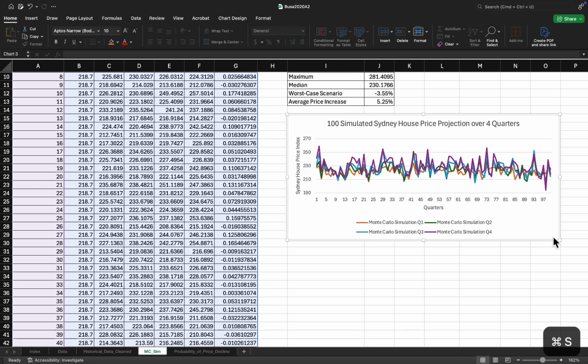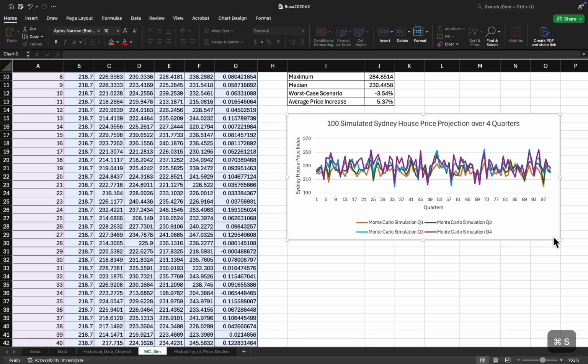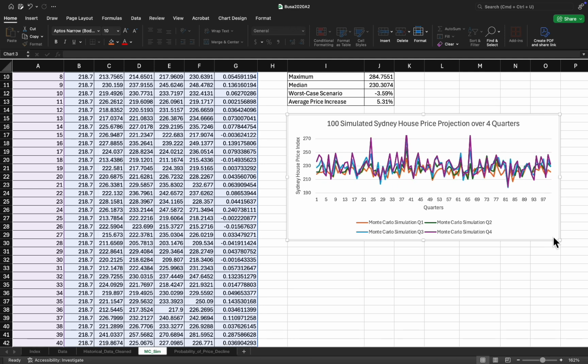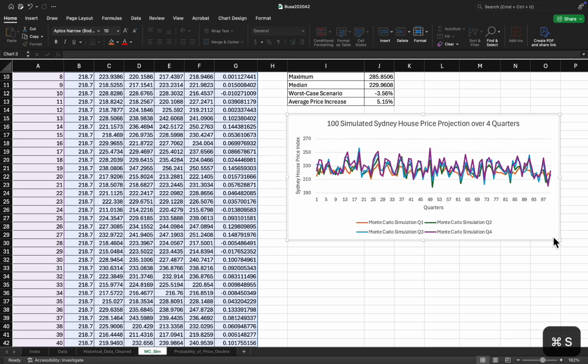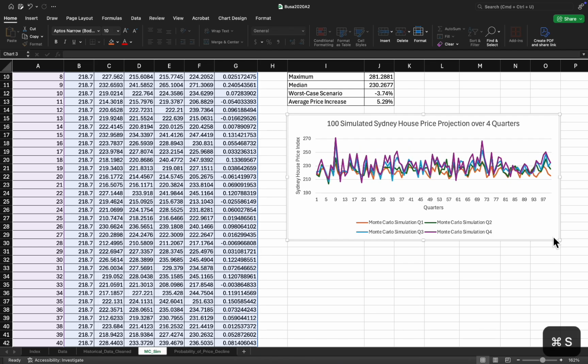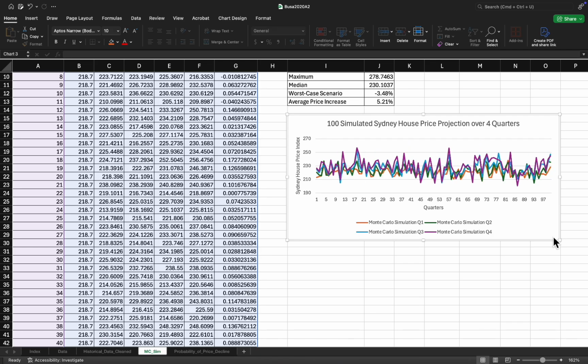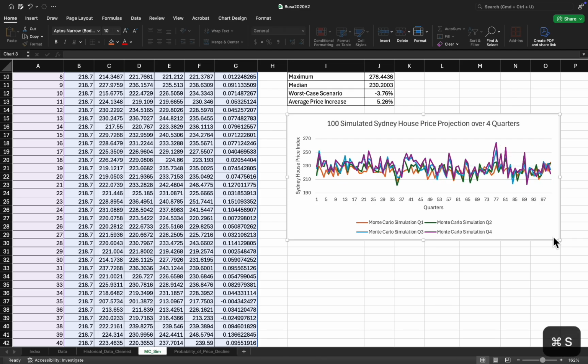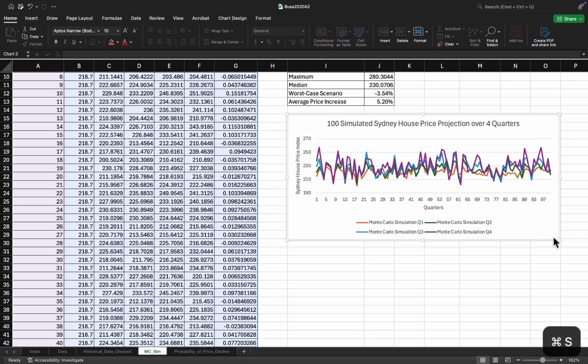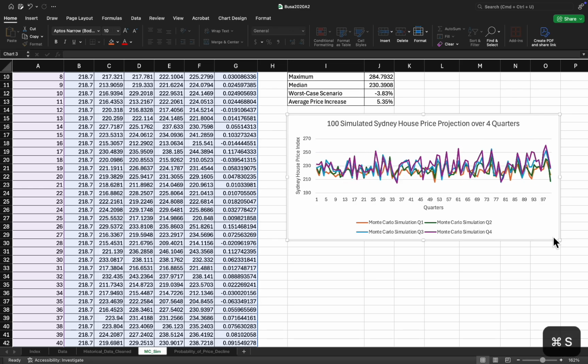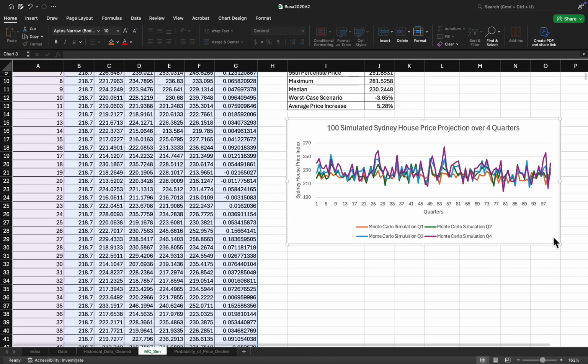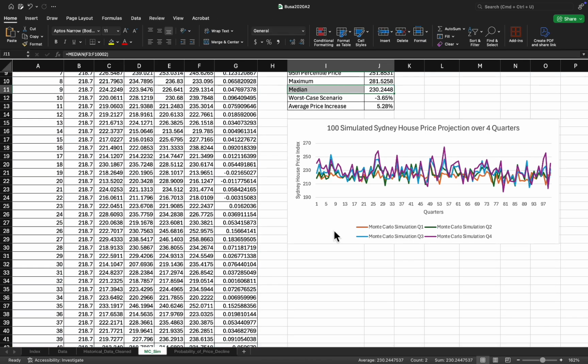Each colored line represents one possible future for house prices. Some go up, some go down. This shows the uncertainty. However, the more I run the simulation, a clear pattern begins to emerge based on the past prices. All the paths center around the 230 price index.